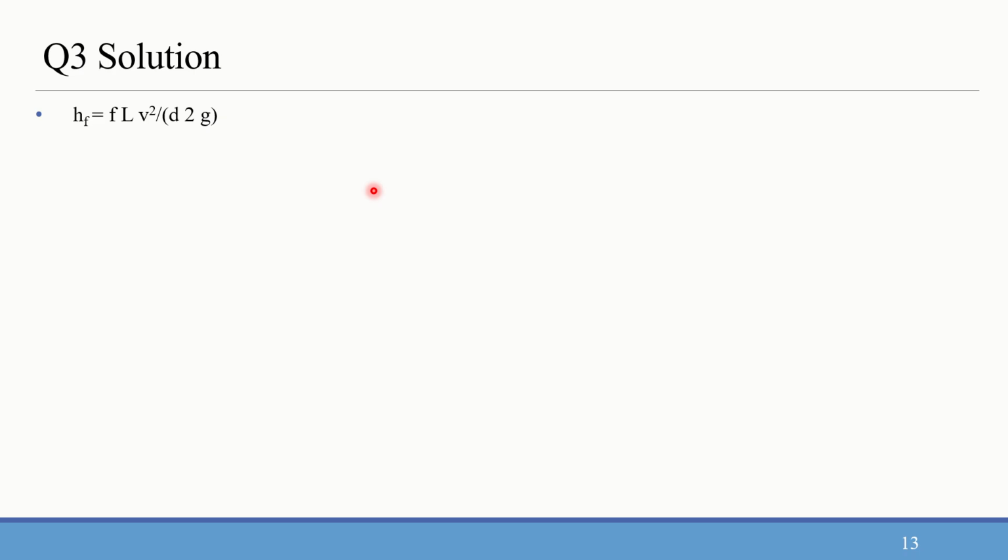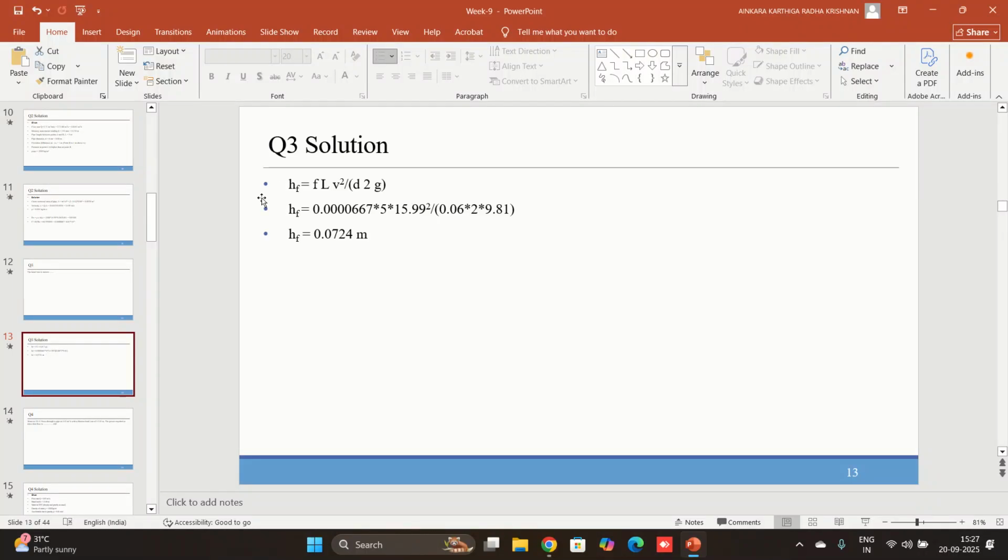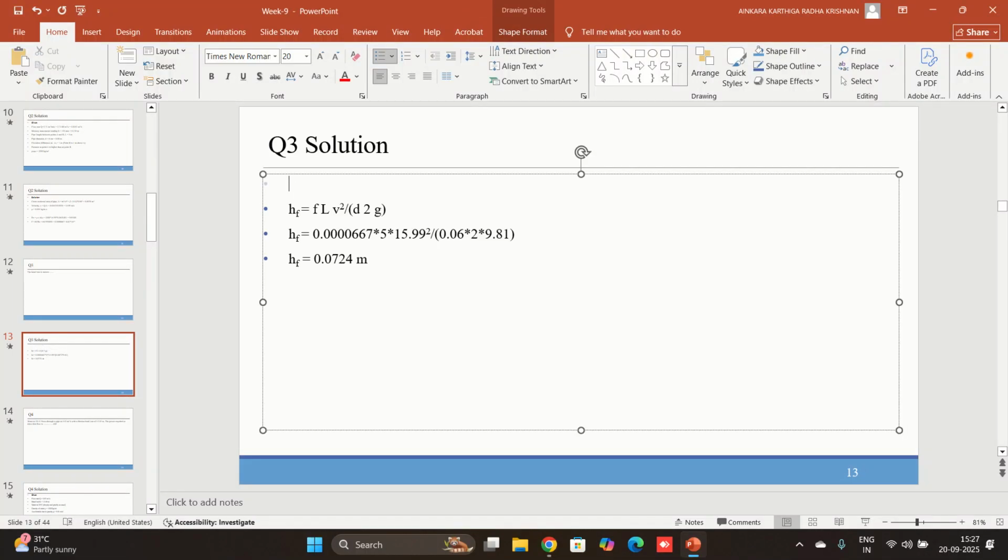So I mean it is just a direct substitution actually. Formula and later it is solution. Question 3 is that.